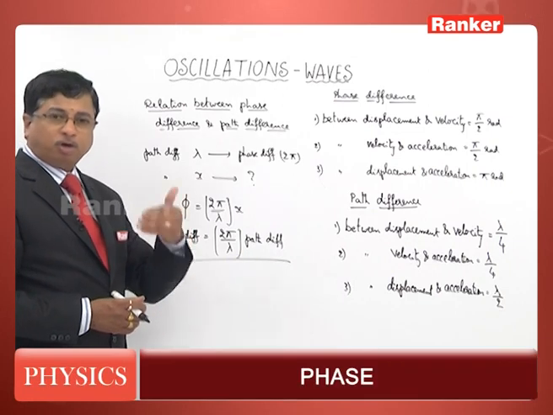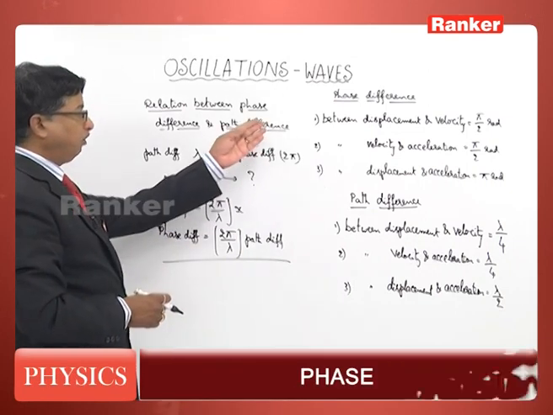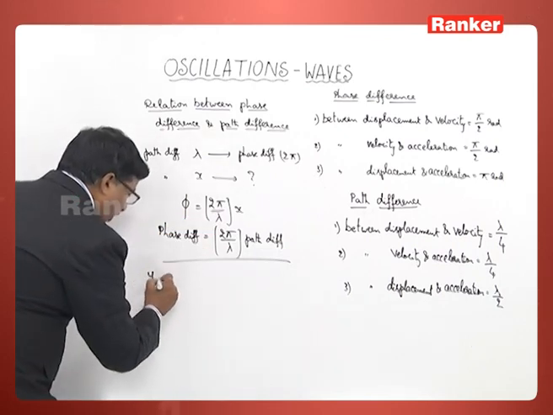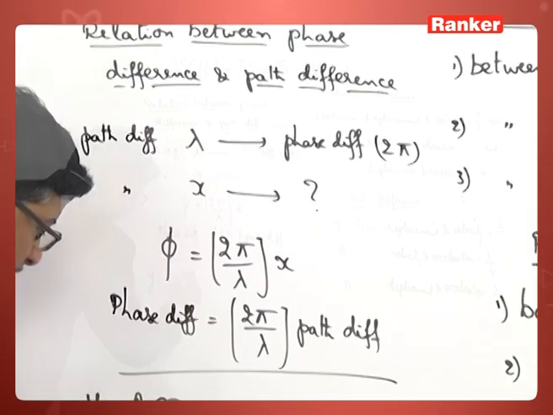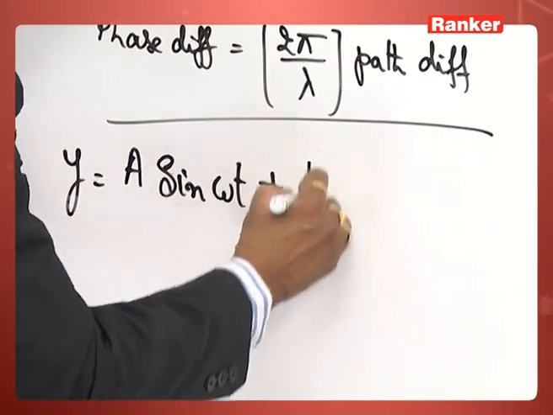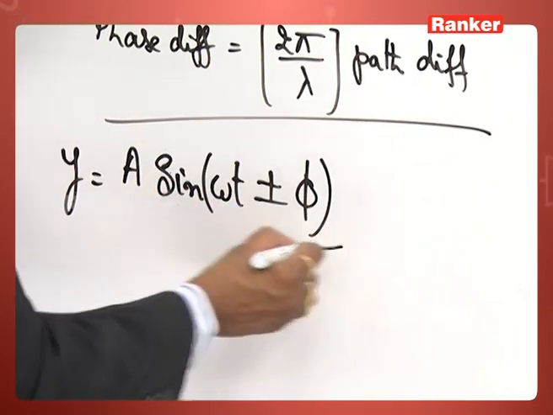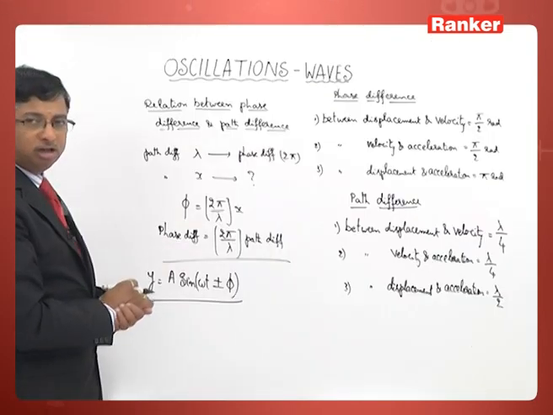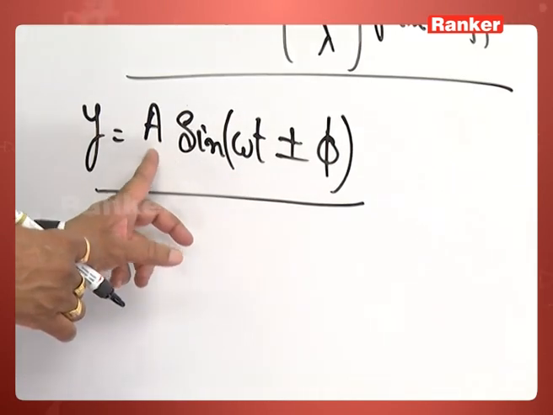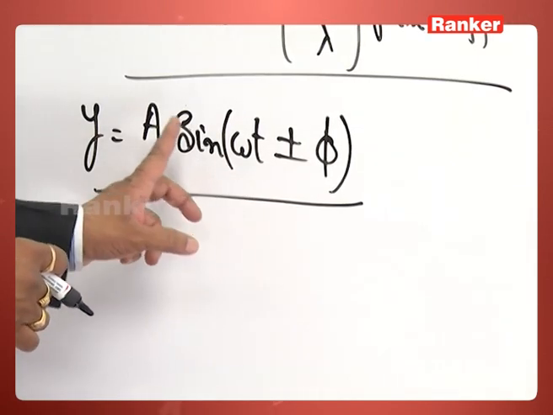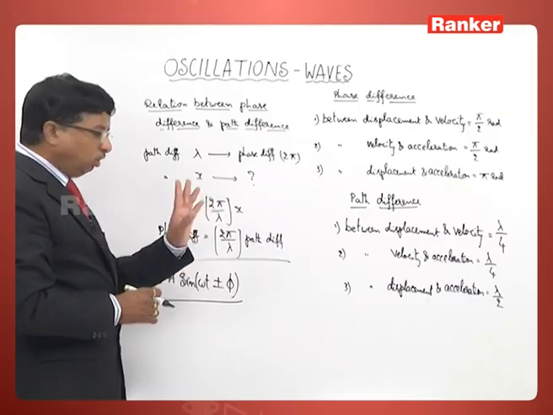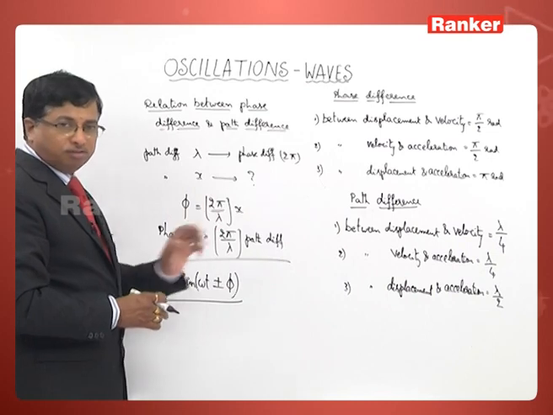When we take the progressive wave equation, for its displacement, we can write it this way: y is equal to a sin omega t plus or minus phi. This is the way we write that equation. What is this equation? You just look at it once again. A stands for amplitude, sine is the function, omega t is no doubt the angle, that is a phase.